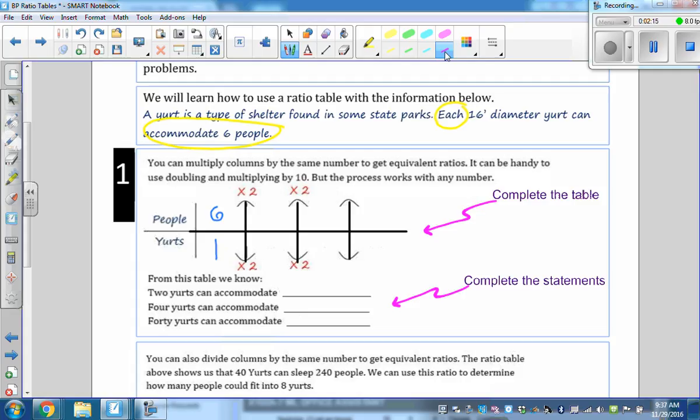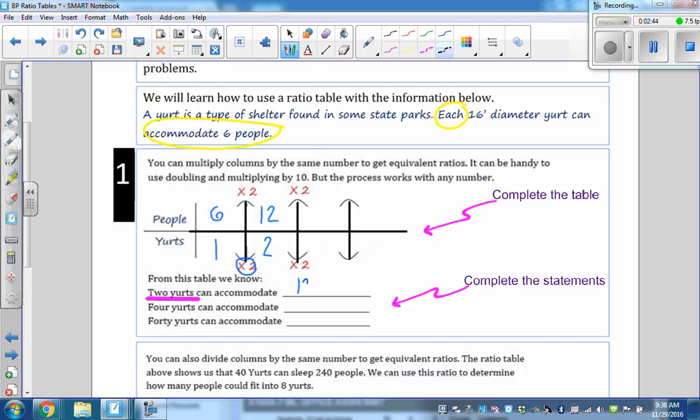So what I asked you to do is to figure out how many people can be accommodated by 2 yurts first. And so we're going to take this 1 and double it, and that's what the times 2 is telling us to do. So we know 2 yurts can accommodate 12 people because we multiply the top and the bottom by 2.